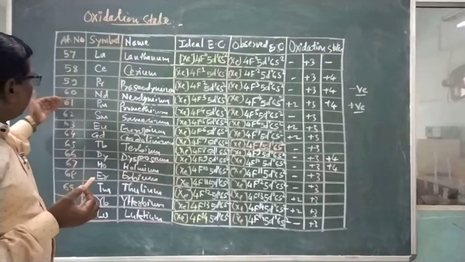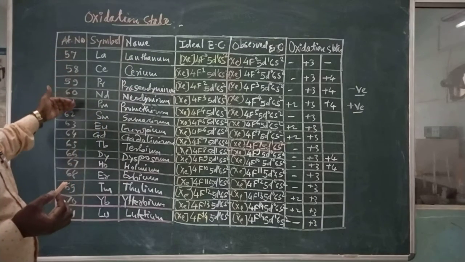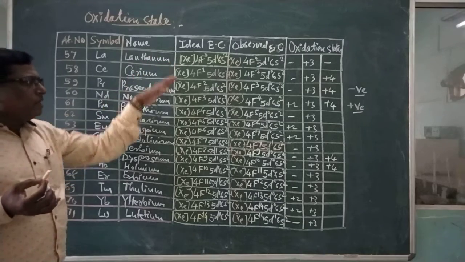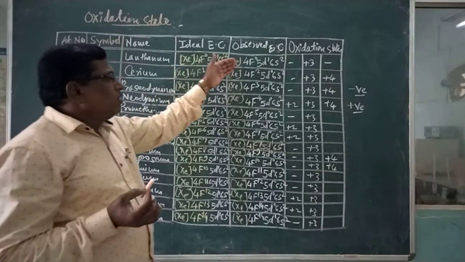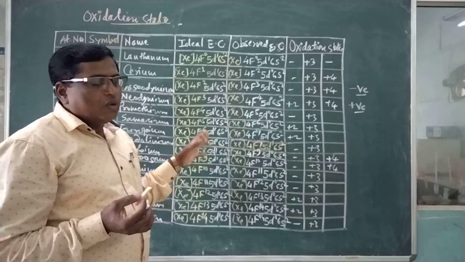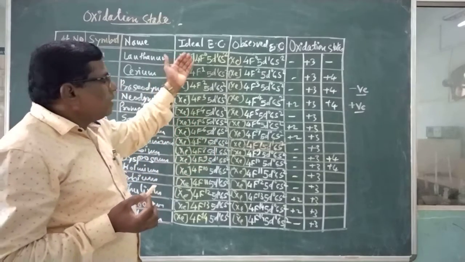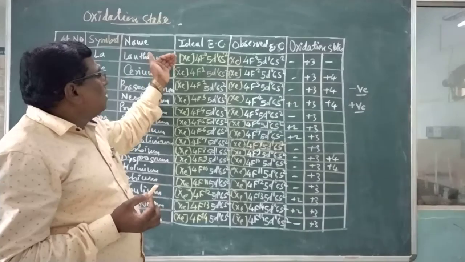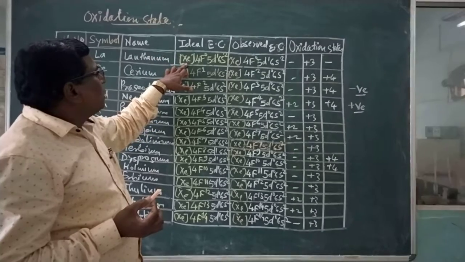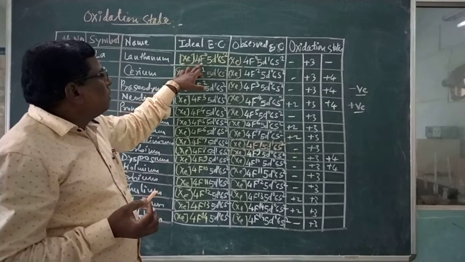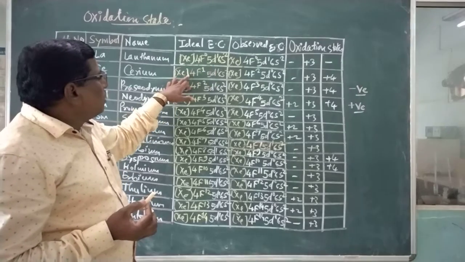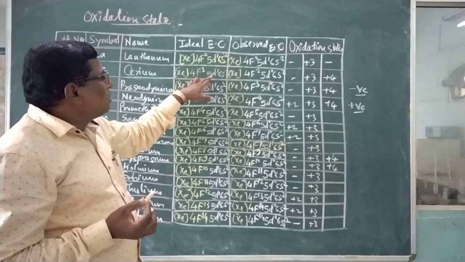In the lanthanide series, again you take atomic numbers, symbols, names of the elements, ideal electronic configurations and observed electronic configurations. Lanthanum is xenon 4f0 5d1 6s2. Cerium is xenon 4f1 5d1 6s2.